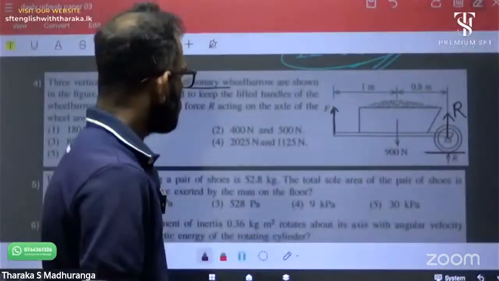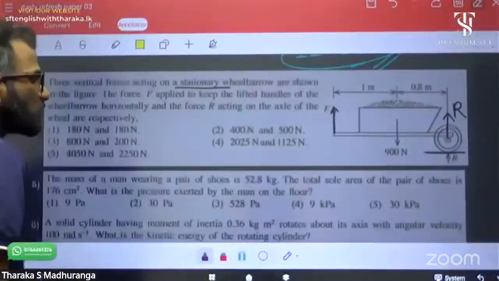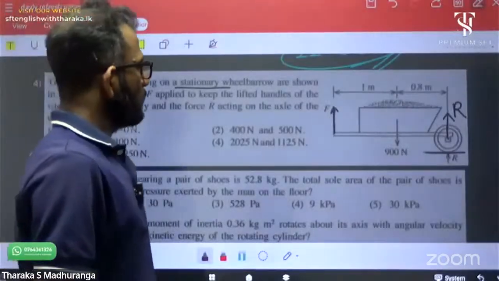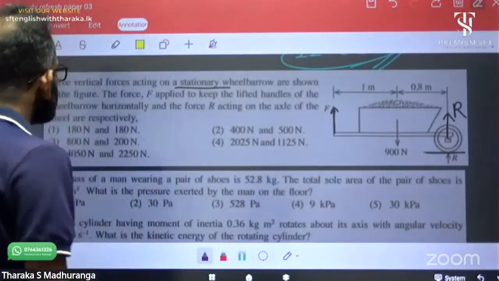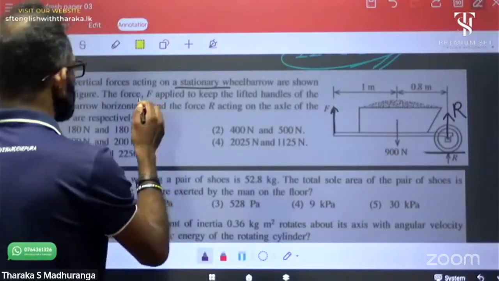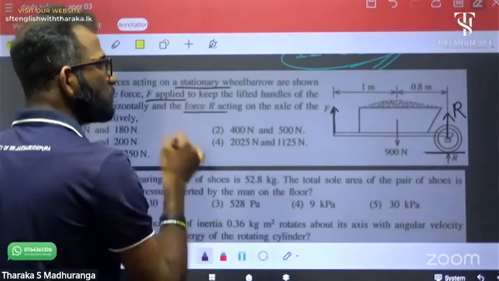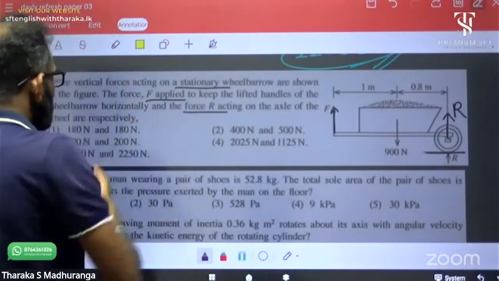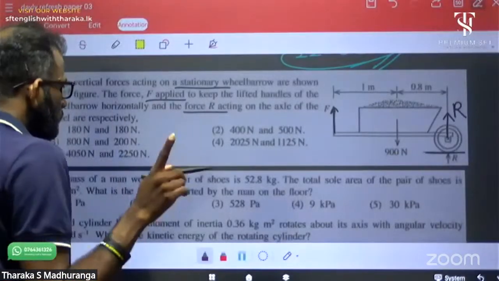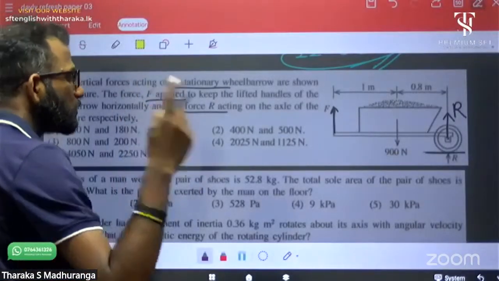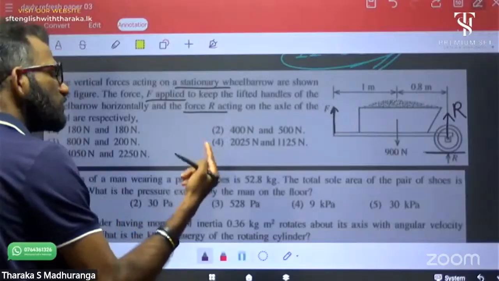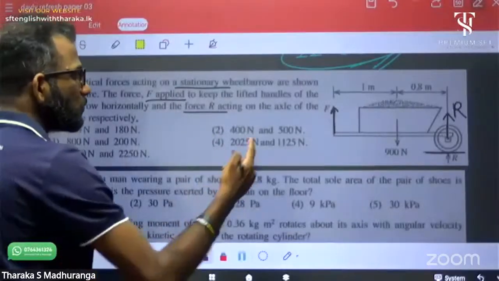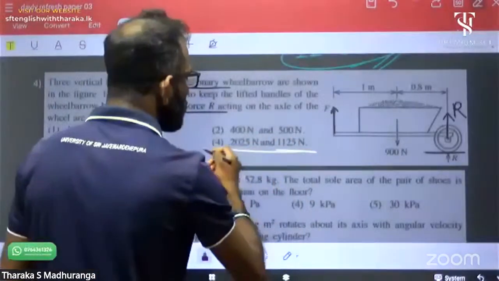Now, do we need to take more time to calculate F? The question asks for F and R respectively. The R value you found is 1125, and 1125 is available for only one answer.